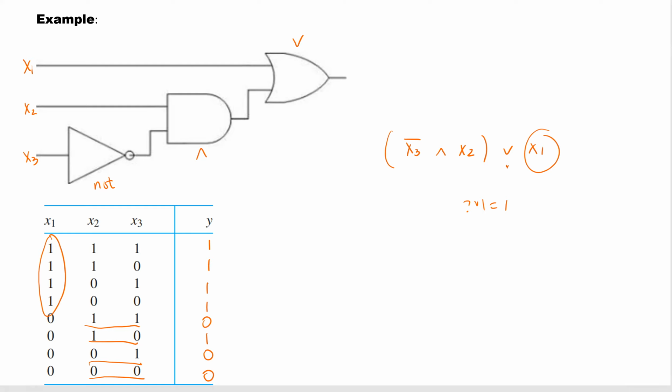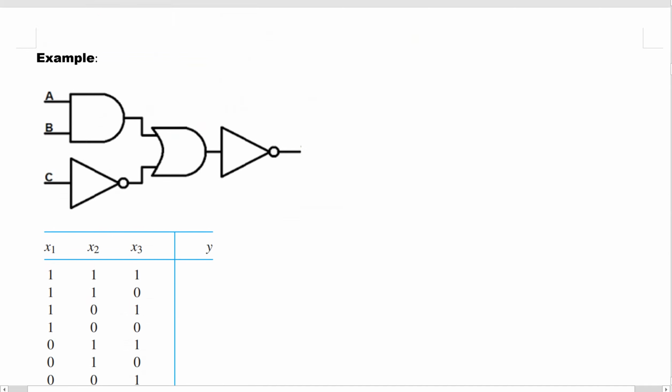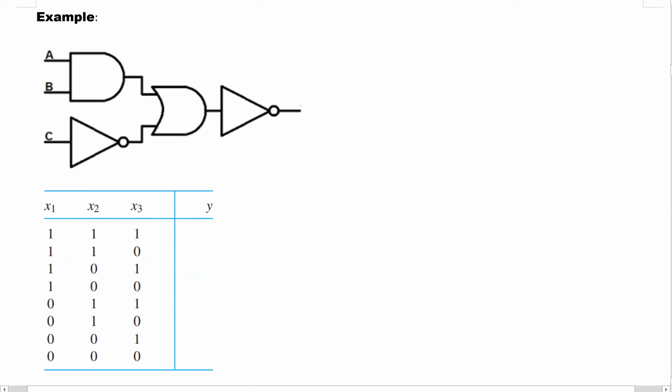Do you have the same answer? Before we continue the problem, you can pause the video and try to work on the problem first. After you're done, you can play the video and check your answers. Now we have A, B, C. Let me change this to A, B, C. This is AND, and this is NOT.